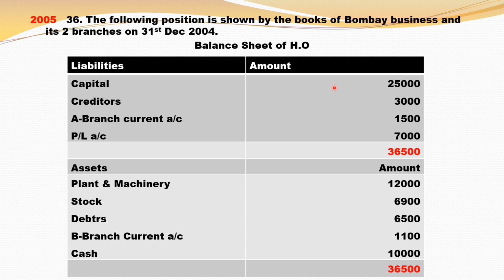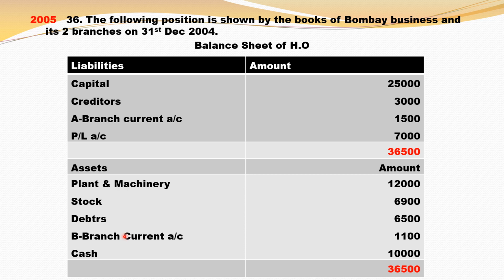So we have capital 25,000 and creditors 3,000 coming in the consolidated balance sheet. A branch current account, ignore. P&L account, then plant and machinery, stock, debtor, all of these will come in the consolidated balance sheet. B branch current account, ignore, because it is a transaction between head office and the branch.